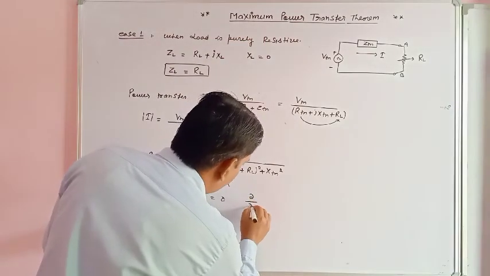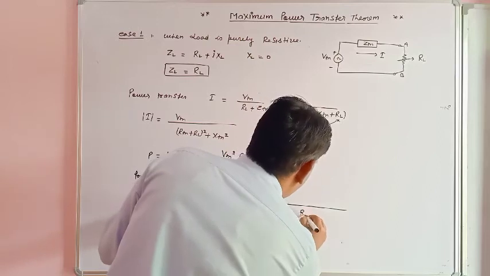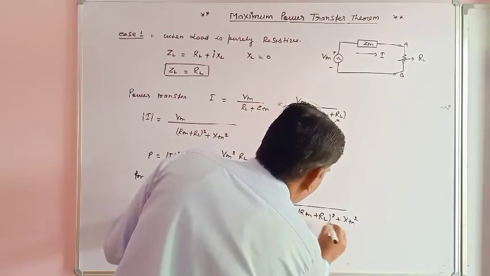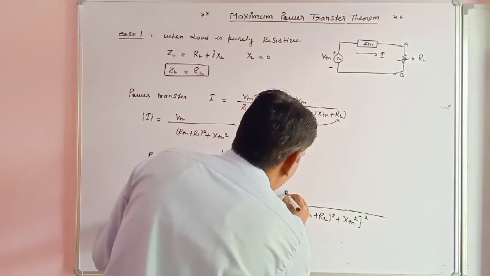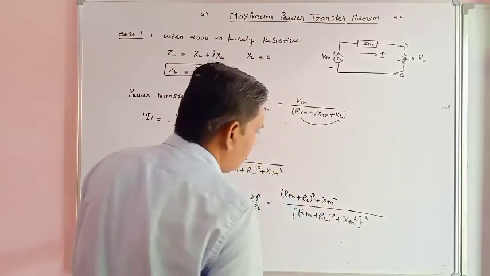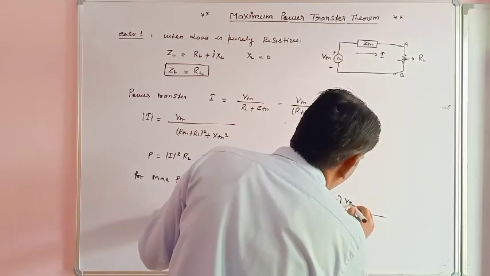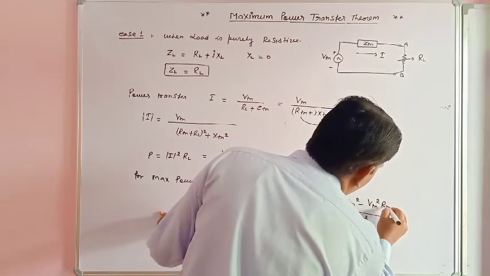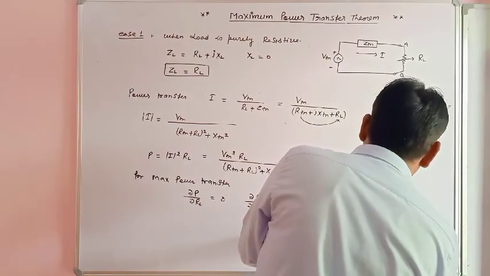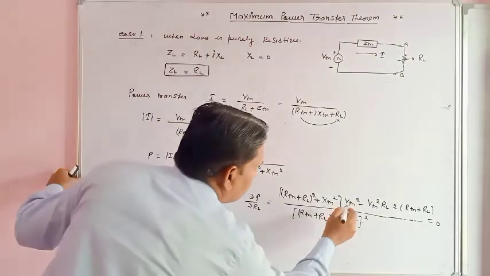Del upon del RL of P is equal to, with the denominator RTH plus RL whole square plus XTH square, which remains the same. The partial derivative of VTH square RL gives VTH square, minus VTH square into RL times the derivative of the denominator, which is 2 into RTH plus RL, equal to 0. So here VTH square will be cancelled.